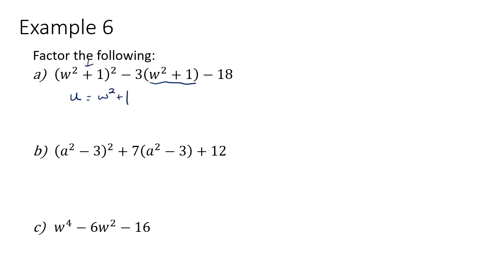Then this becomes u squared, the second term becomes minus 3u, and the last term is minus 18. It now looks exactly like a quadratic polynomial, so we can factor it the same way we did before. We're looking for two numbers that add to give negative 3 and multiply to give negative 18. That would be minus 6 and plus 3.